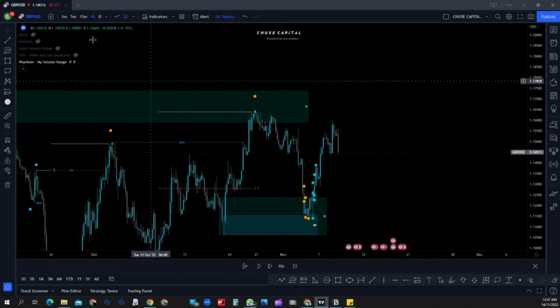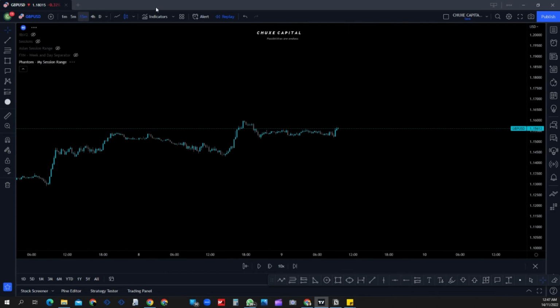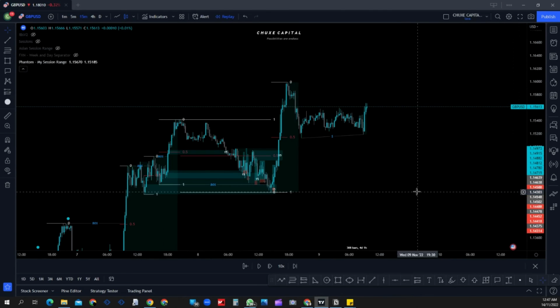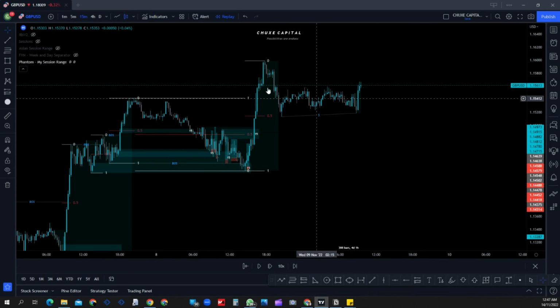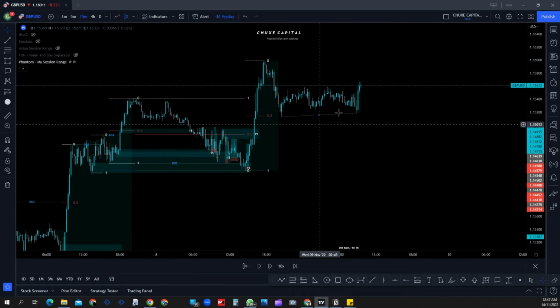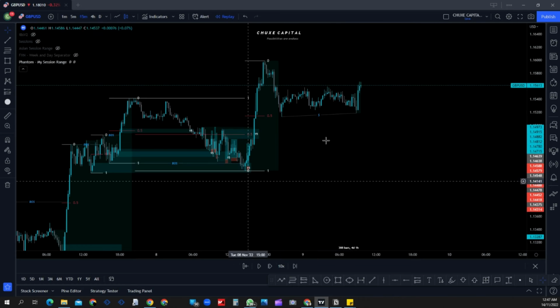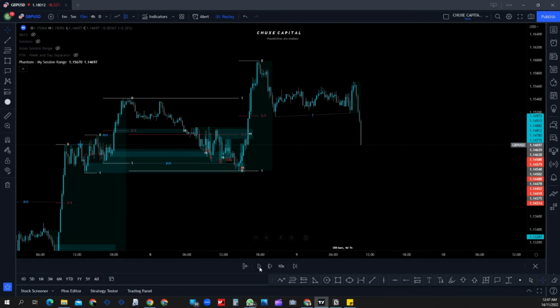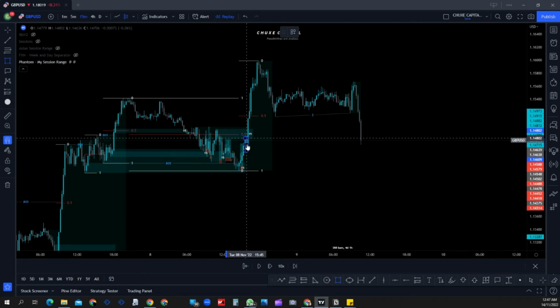Yeah, okay. Price could take out this liquidity and look for something under here. So let's see just what happens. We interrogate this, will be here.